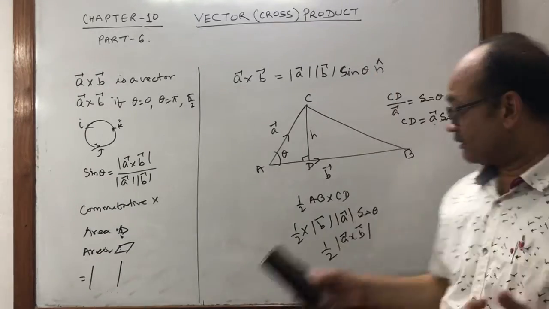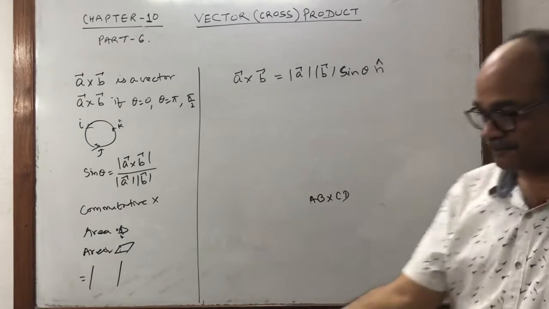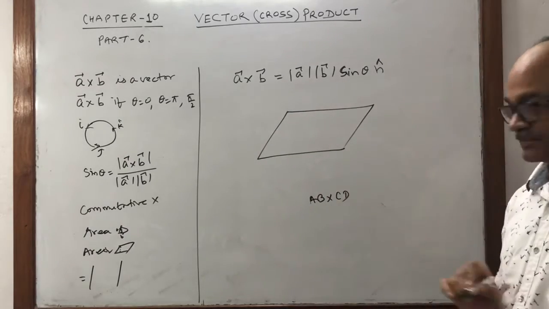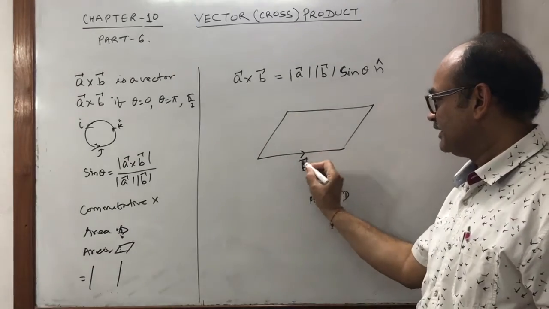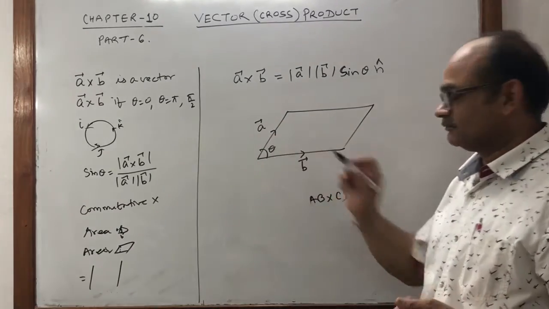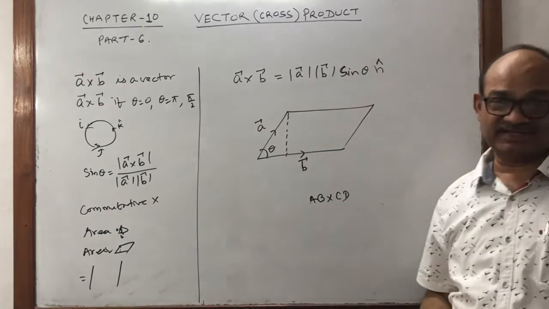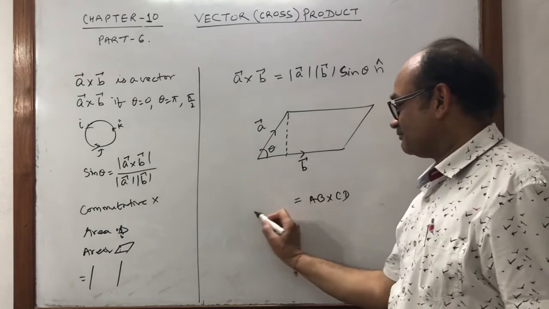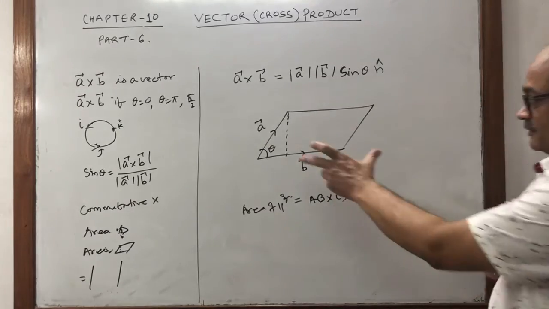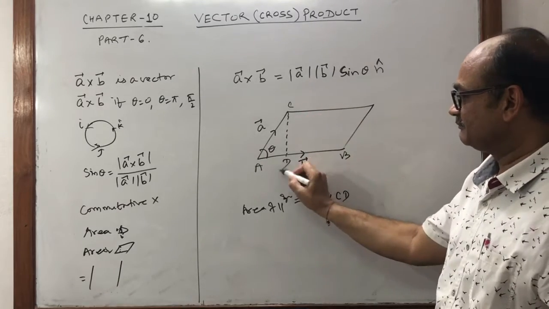And suppose it is a parallelogram. The same condition, a small change. Suppose a parallelogram. We want to calculate the area of a parallelogram. Vectors are given the same, say B and say A. Angle between them theta. Altitude we have to calculate, because again from class 9th, you know, area of parallelogram is base say AB and height say CD.